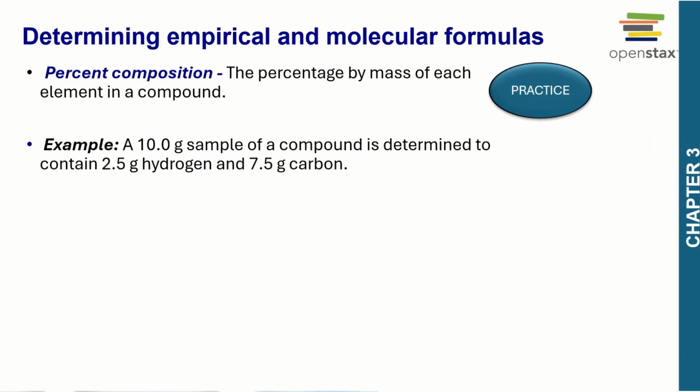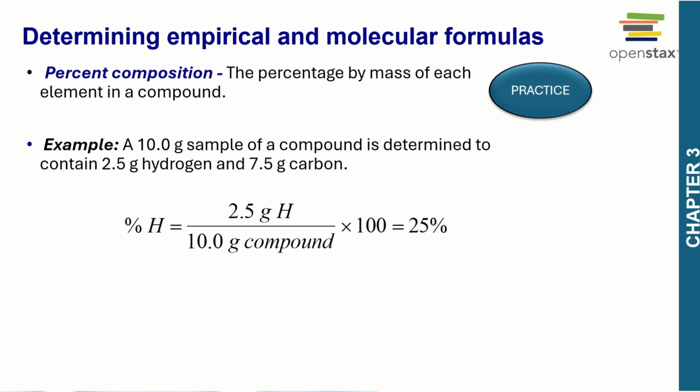So next one is the empirical formula. For the empirical formula, you know the percentage by mass of each element in a compound. So we have here a 10-gram sample of a compound, which is determined to contain 2.5 grams of hydrogen and 7.5 grams of carbon. To find the percentage, I'm going to divide the part, the hydrogen, by the total.